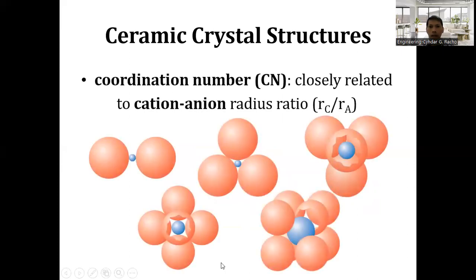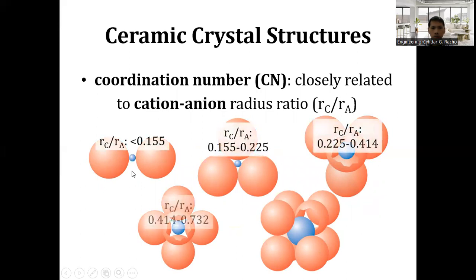Also in ceramic crystal structures, we have the coordination number. The coordination number is closely related to the cation and anion radius ratio, that is R sub C over R sub A. For this figure, the ratio is less than 0.155.